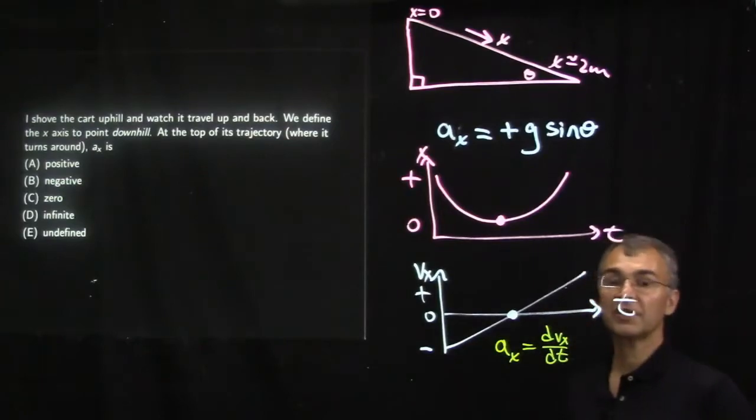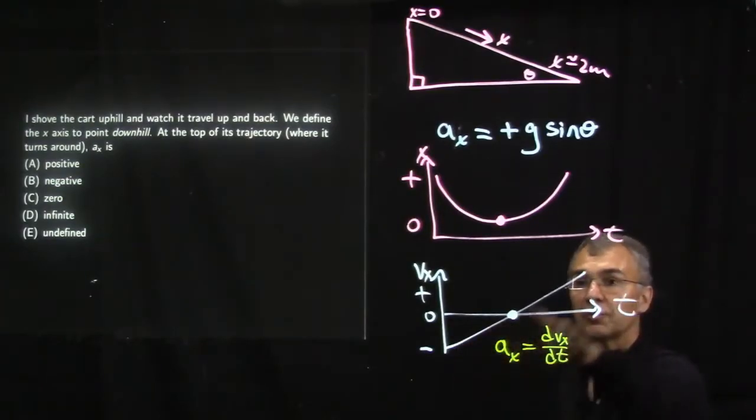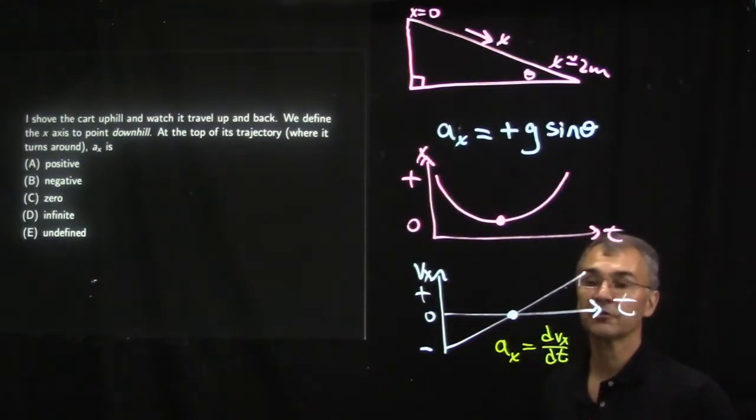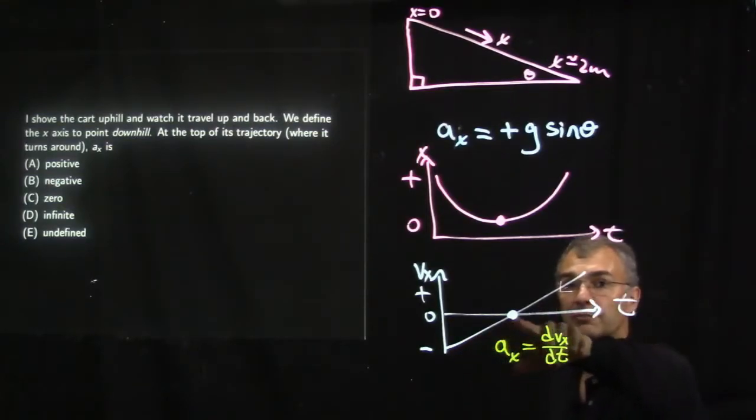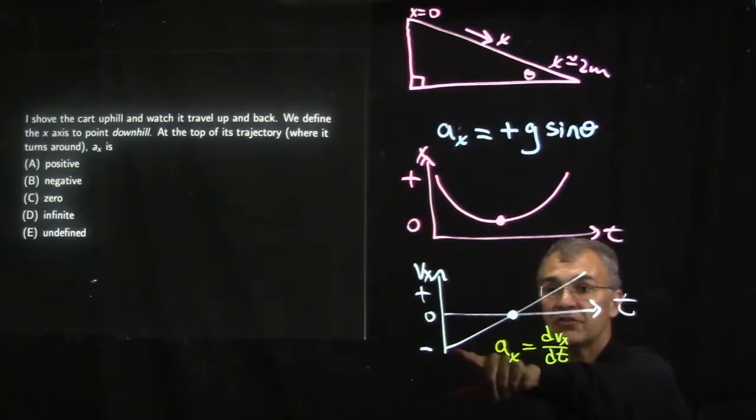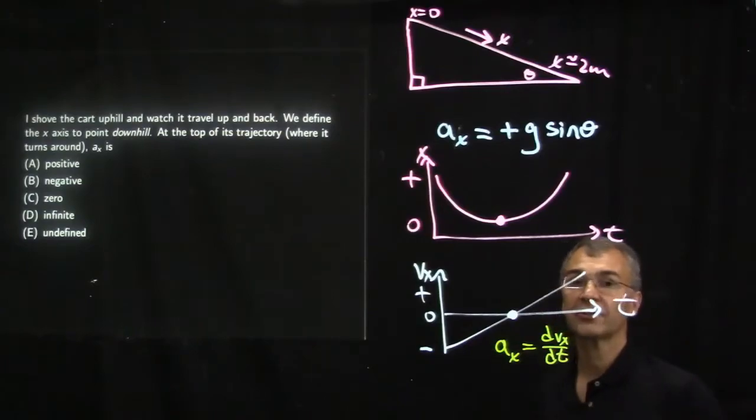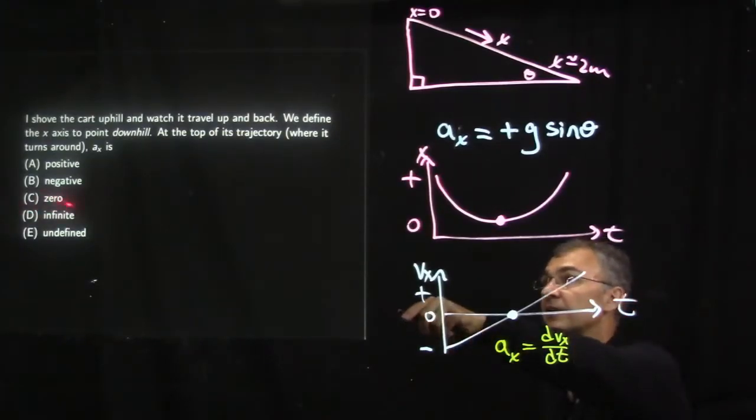So the acceleration is just the slope of this velocity versus time curve. And the slope of this velocity versus time curve is a constant positive value from the instant just after I shove it until the instant just before I catch it. So I think the answer is positive.